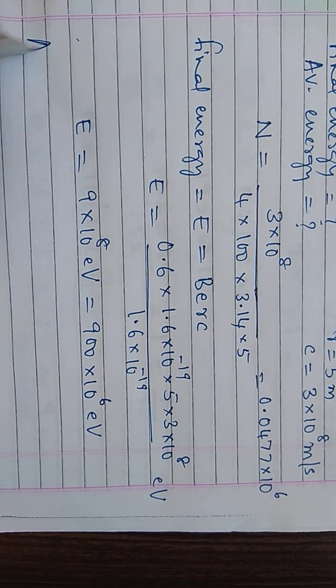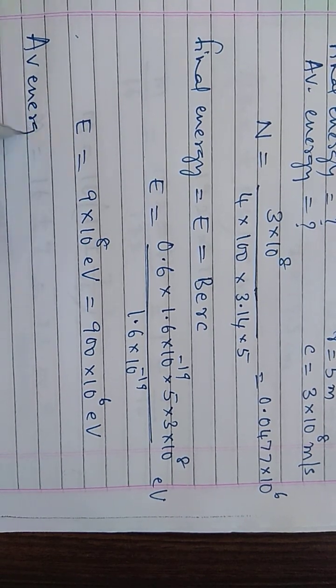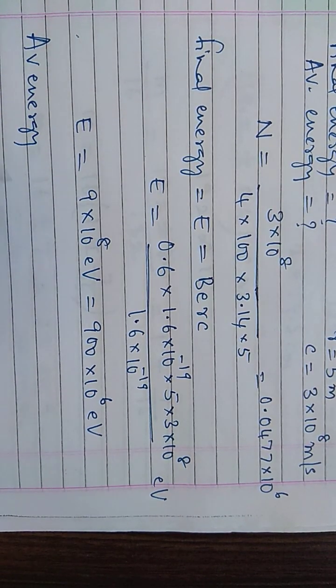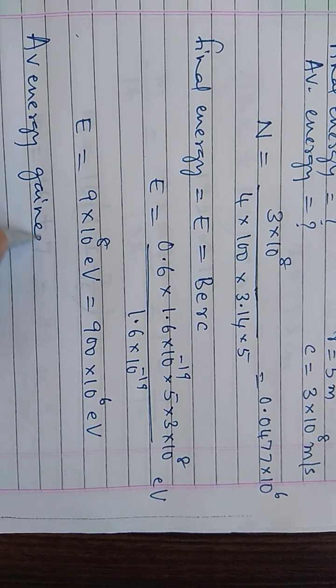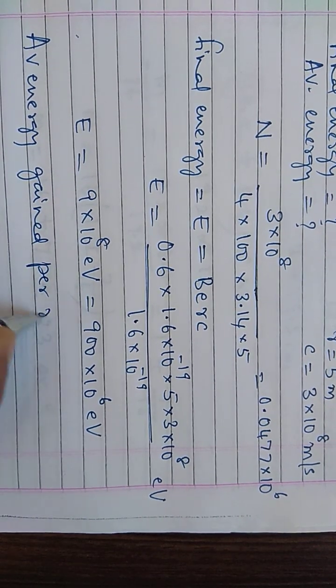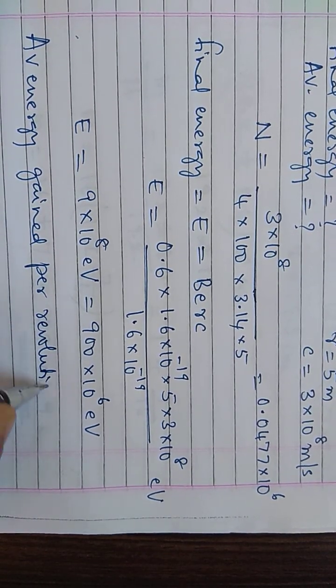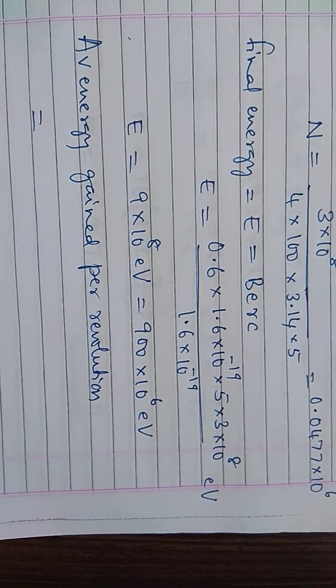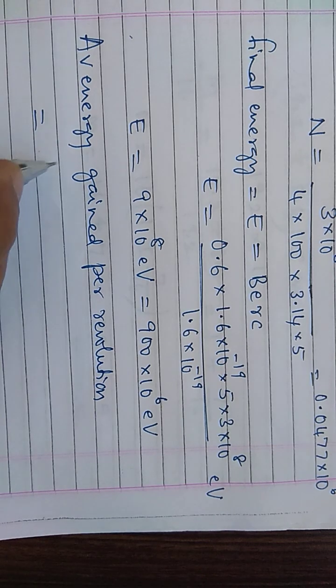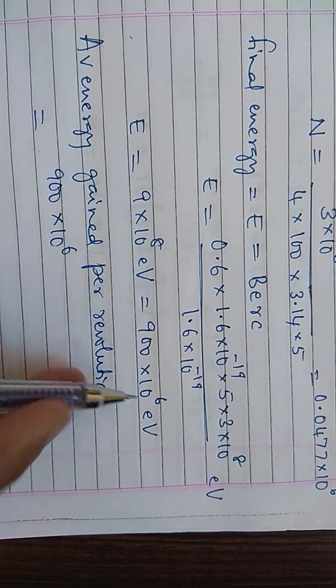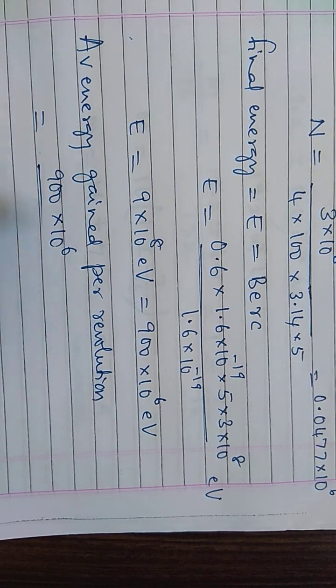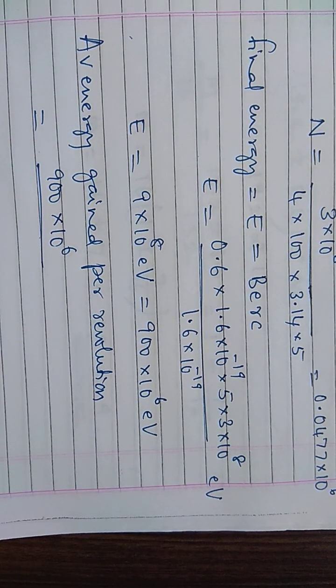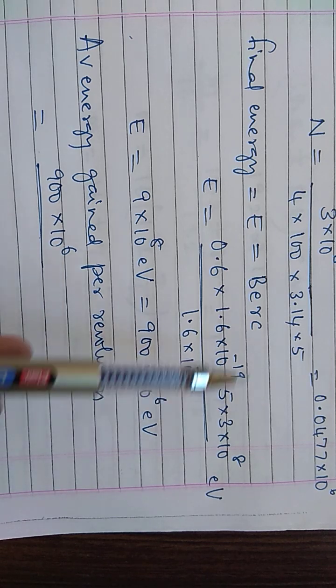Average energy we are supposed to calculate. Average energy gained per revolution is equal to how much? Average energy gained per revolution, that is equal to 900 into 10 to the power 6, that is the total energy, divided by the number of revolutions.